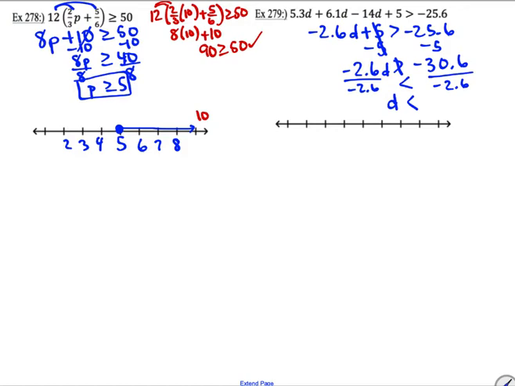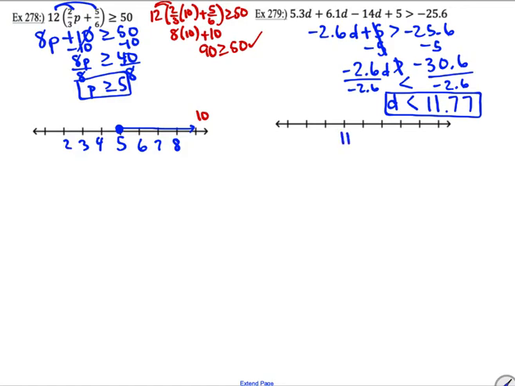I'll have to approximate it. 11.769230077 is what the calculator is showing. I'm going to round it to 11.77. So d is less than negative 11.77.